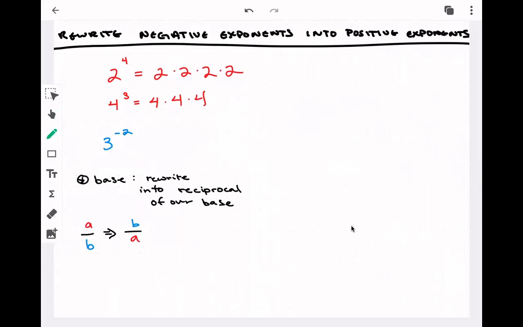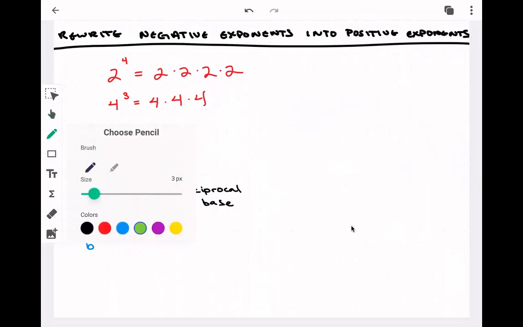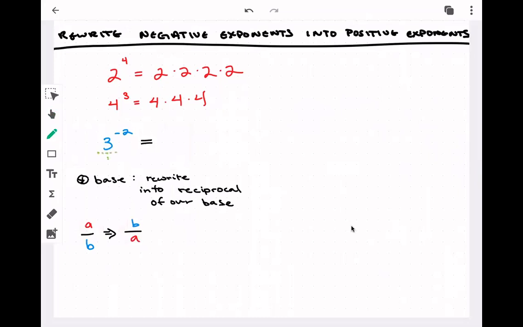So if we want to rewrite our base part, we would have, instead of 3, and this would be over a very invisible 1, but it's still there, we would now have 1/3. And that would just be dealing with the base part.